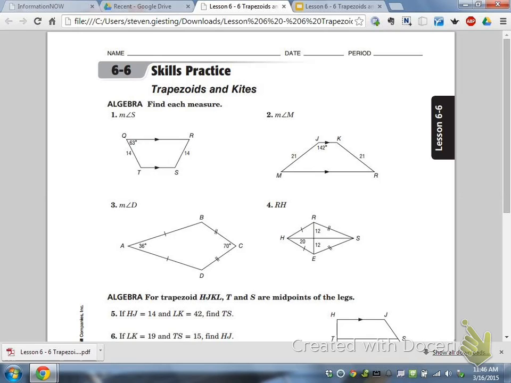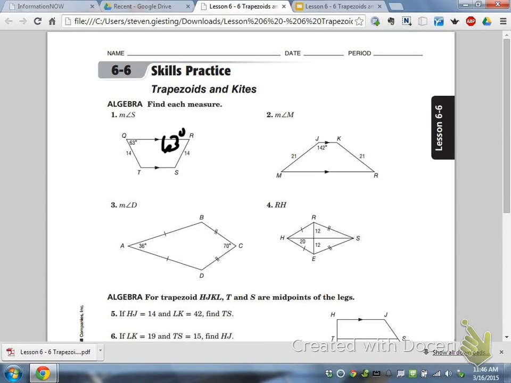Remember, this is a trapezoid, not a parallelogram. In a parallelogram, opposite angles are congruent, and S would in fact be 63. But remember, in a trapezoid, they must be supplementary. Since this is an isosceles trapezoid, how much is angle R?